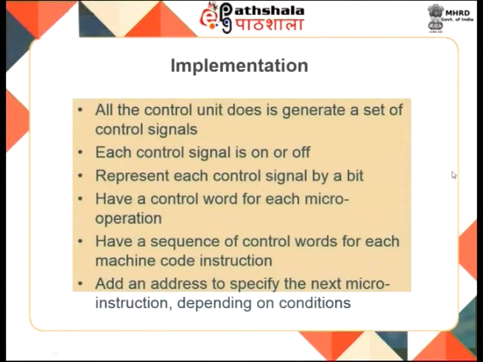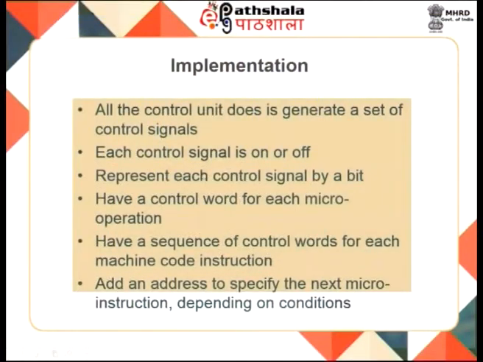You can assume that each control signal is an on or an off, and you can store all these control signals as a control word in memory. So, each control signal can be represented by a bit, and you can have a control word for each micro operation. A macro operation, for example, is an add instruction.